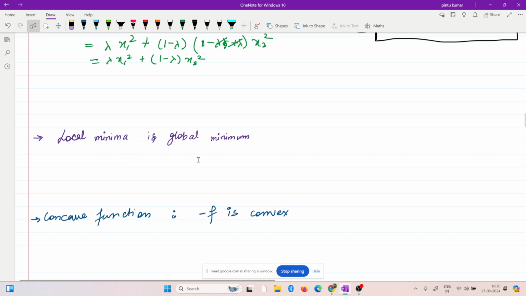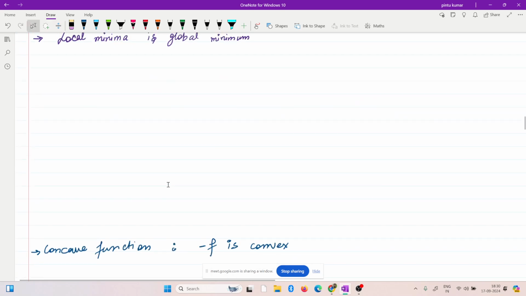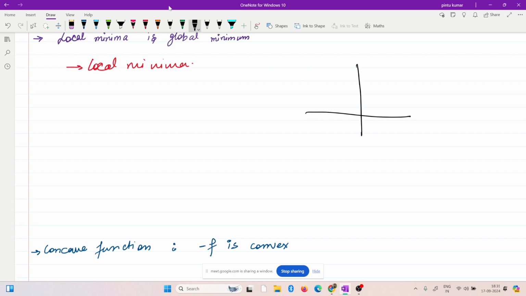Now we come to something called local minima and global minima. First of all, what is a local minima? Let's say you have a function, something like this.